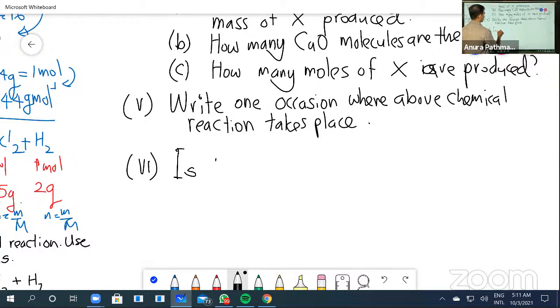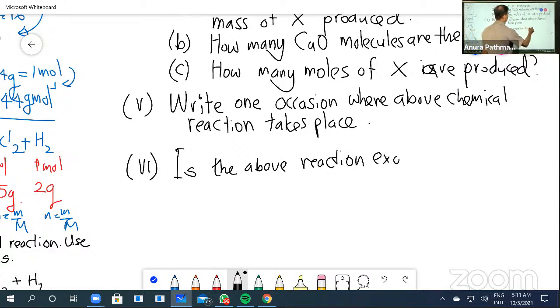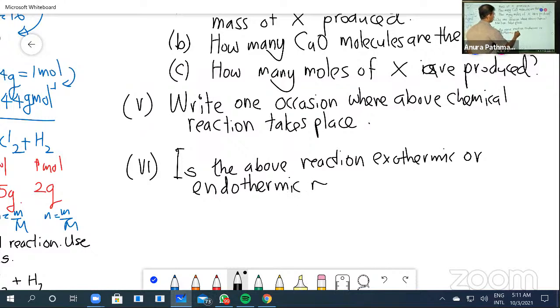Is the above reaction an exothermic or endothermic reaction?